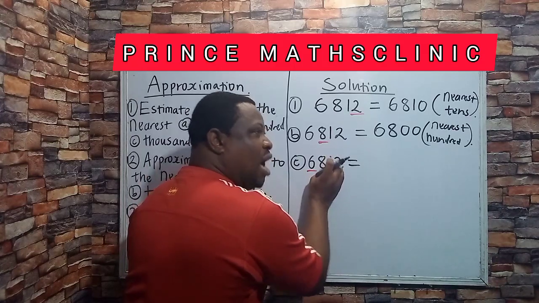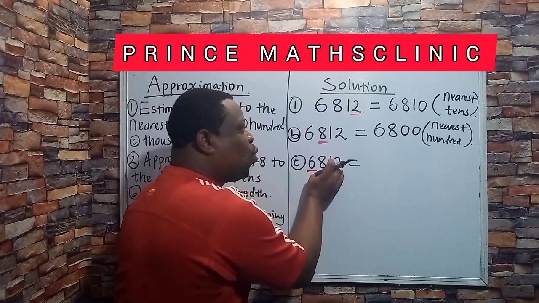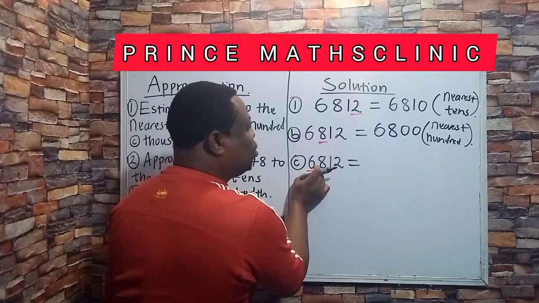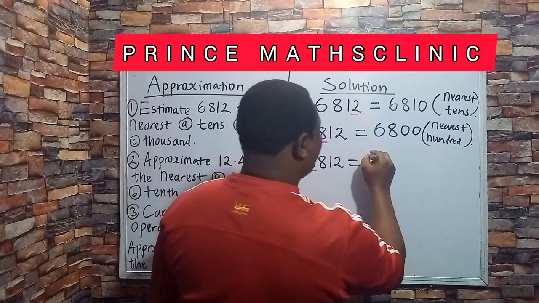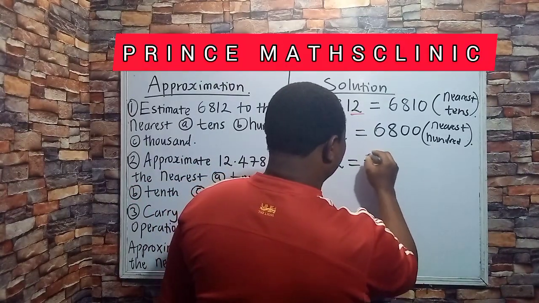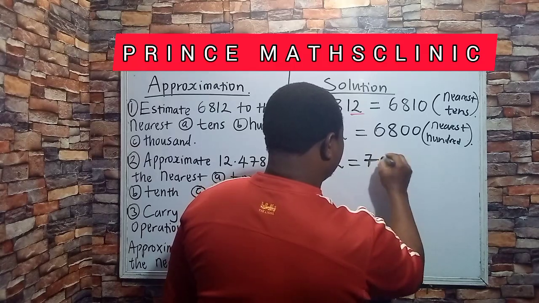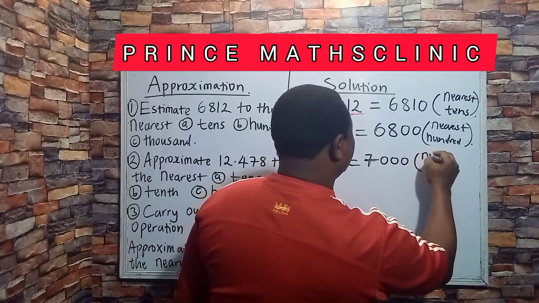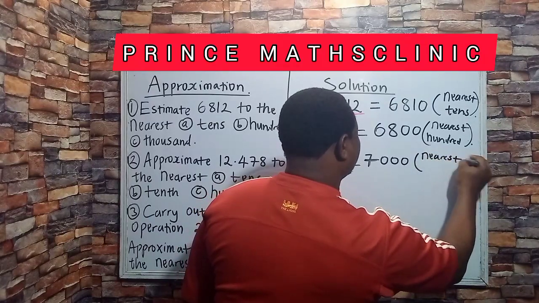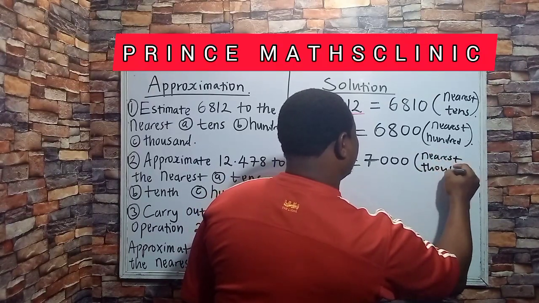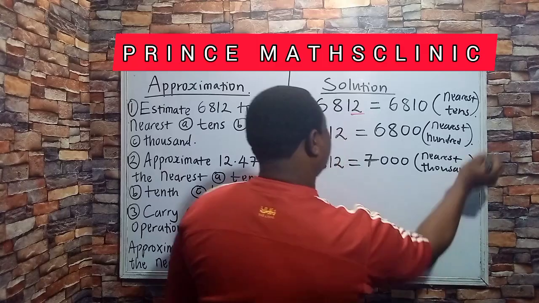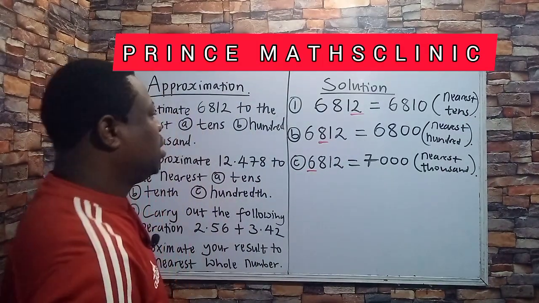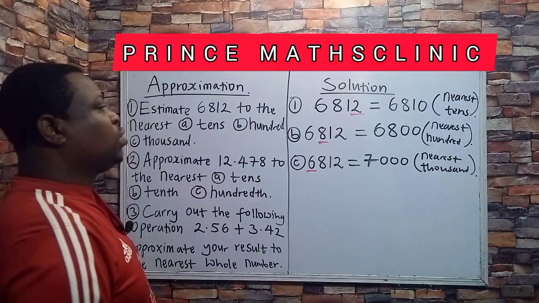Yes, it's above 5. So we can round up to 1 and add it to this number. So this becomes 7,000. This is the nearest 1,000. So that is the way it works.